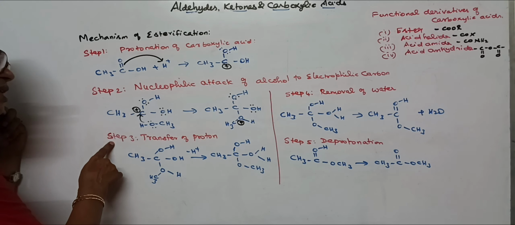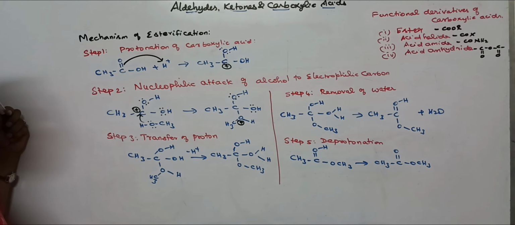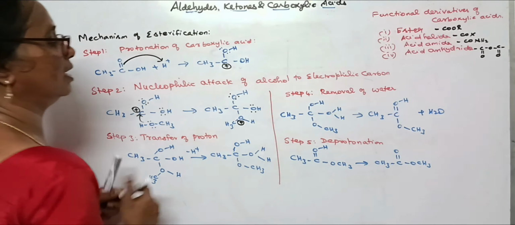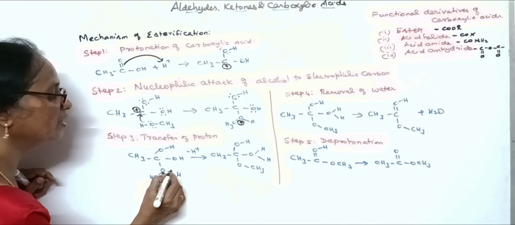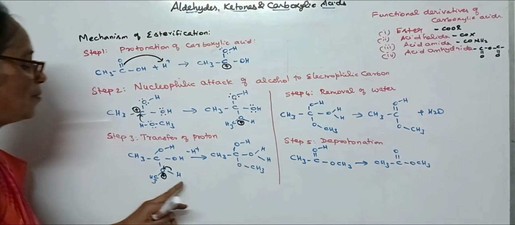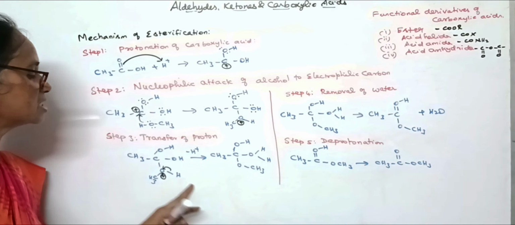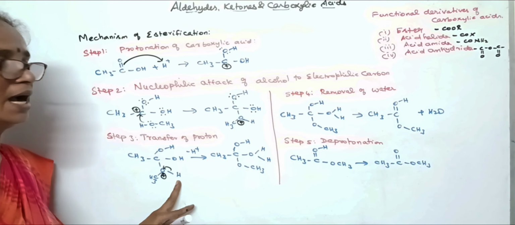So the next step is transfer of proton. The proton gets transferred in such a way that this oxygen having a positive charge withdraws its electron from the hydrogen atom. It withdraws the shared pair of electrons from the hydrogen atom.